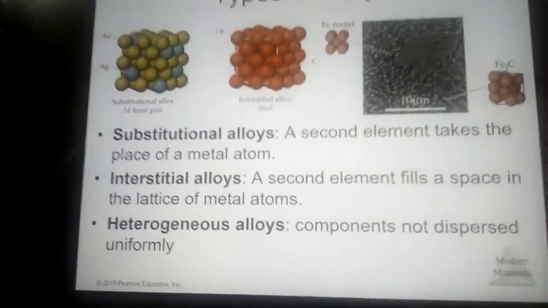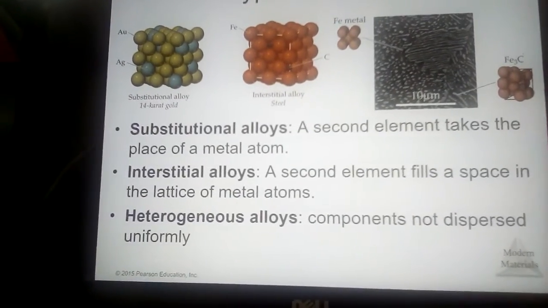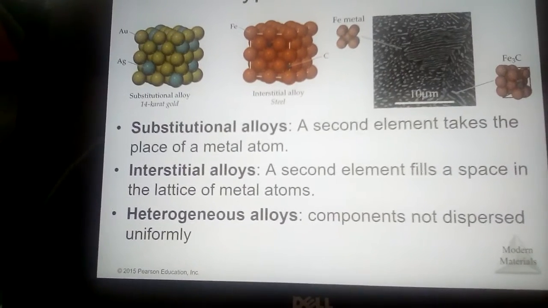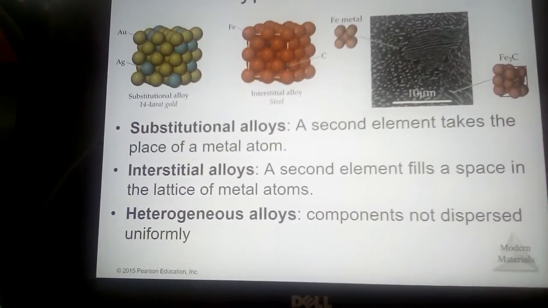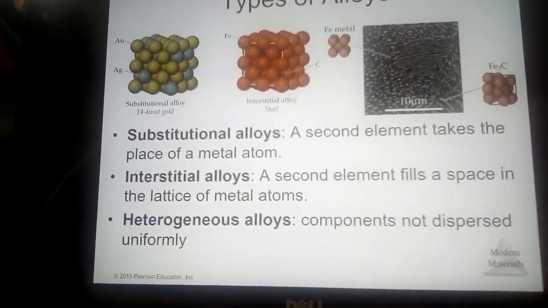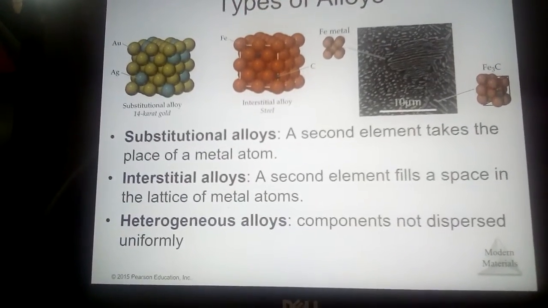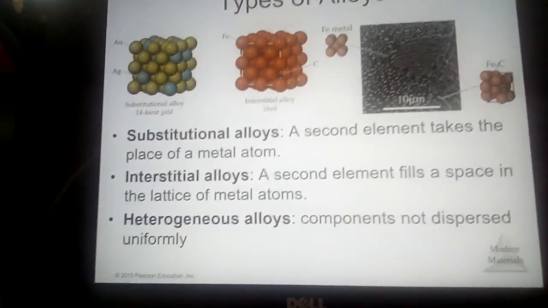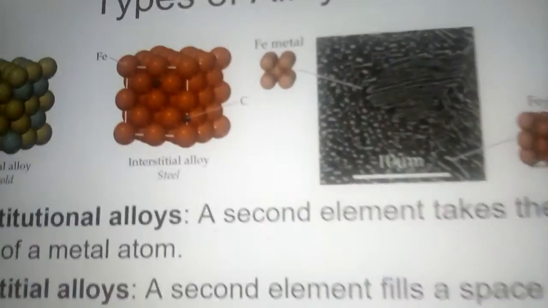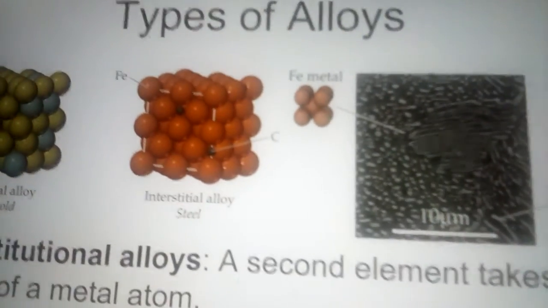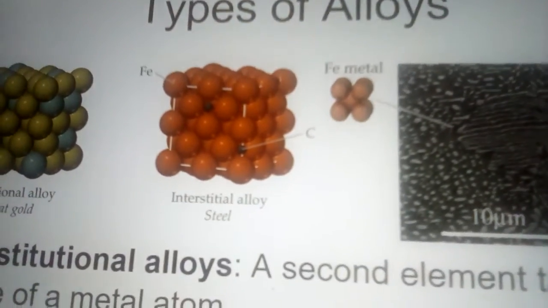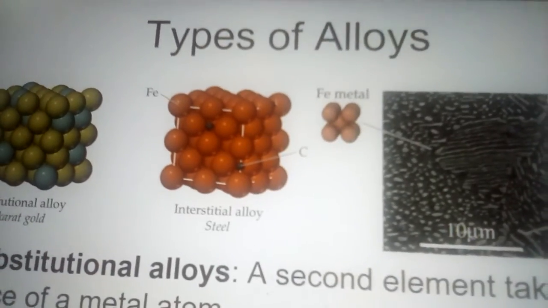The other type of alloy is called an interstitial alloy, and this is where you add an element that is usually significantly smaller than the primary element in the compound, and that element can still fit into what would be an empty space in that particular lattice. So in the second picture there for an interstitial alloy, this is steel.